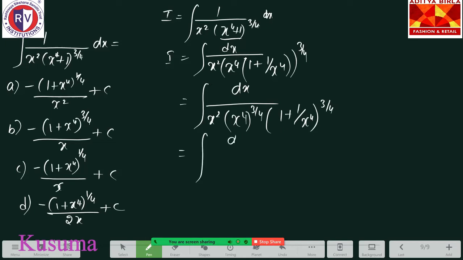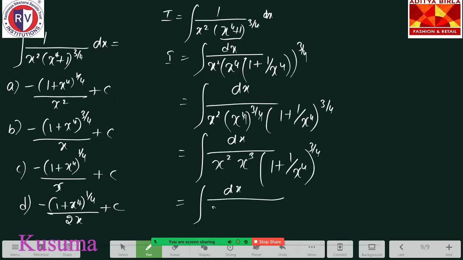So this will be integration dx divided by x square into, x to the power of 4 cancels, and we will be left out with x cube into (1 plus 1 by x to the power of 4) to the power 3 by 4. Okay. So x square into x cube will become x to the power of 5 into this term (1 plus 1 by x to the power of 4) whole raised to 3 by 4.